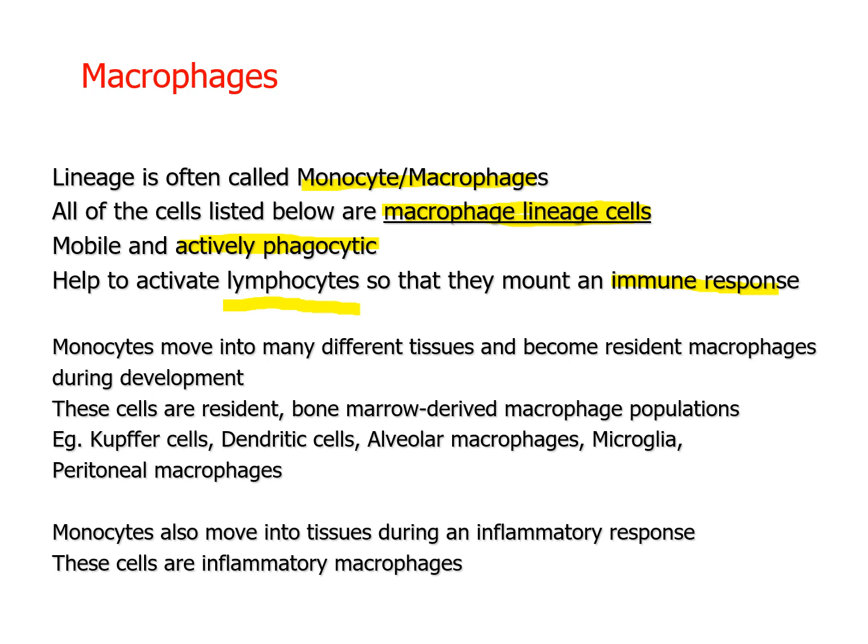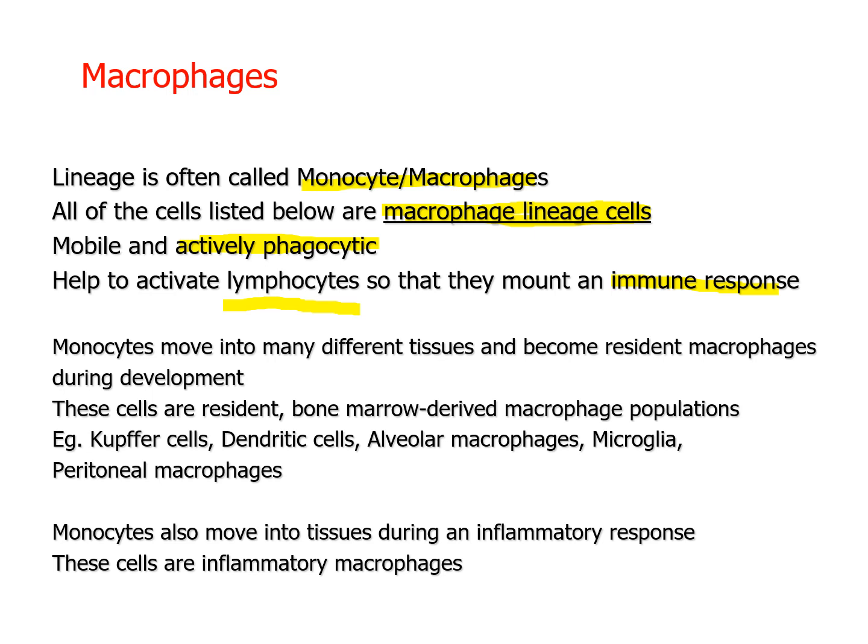They sit there and wait for something to come along that's a foreign object or foreign microorganism that they would attack and phagocytose and try to destroy. So almost all of your tissues have these resident bone marrow derived macrophage populations.